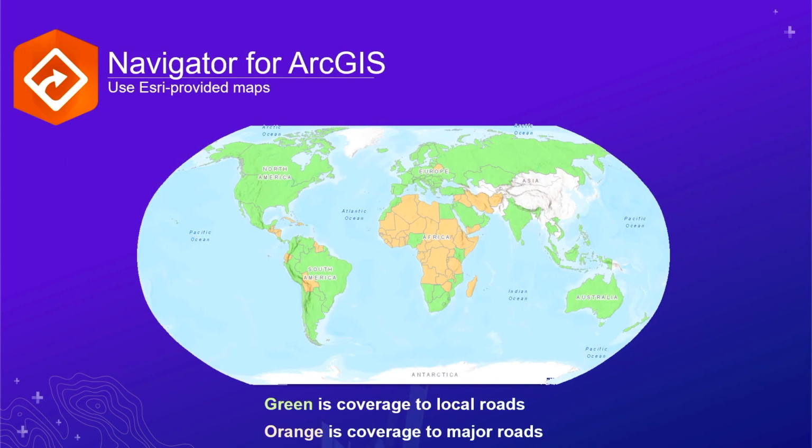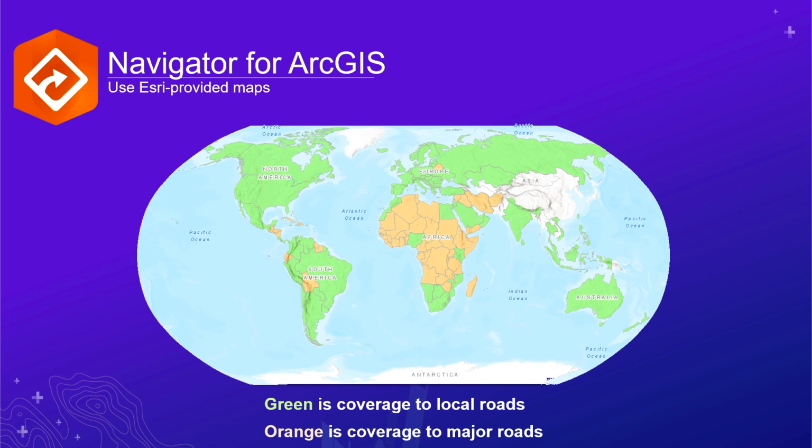So on that first way, when we talk about using Esri provided maps, we do have global or near global coverage that we provide. As you can see in green, we have coverage down to local roads in those areas. So that means we have very good road networks for the areas in green. The areas in orange, we only have coverage down to major roads.